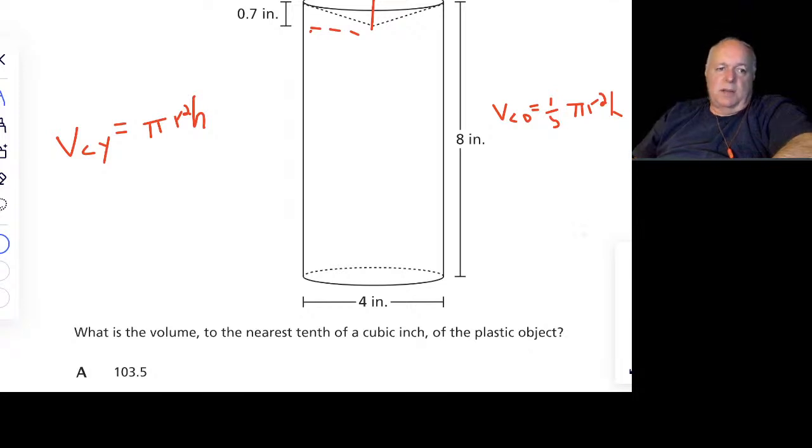So let's come back here at pi. Since the diameter was 4, the radius is 2. So we're going to get 2 squared times 8. Here, let me redo that.